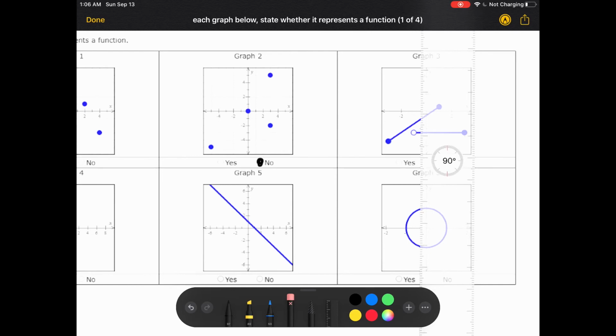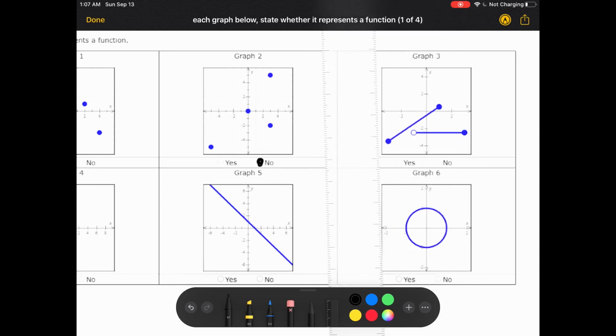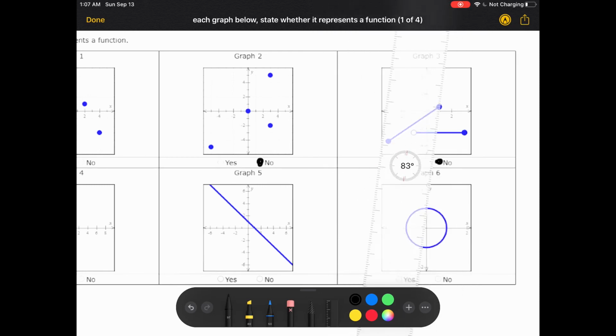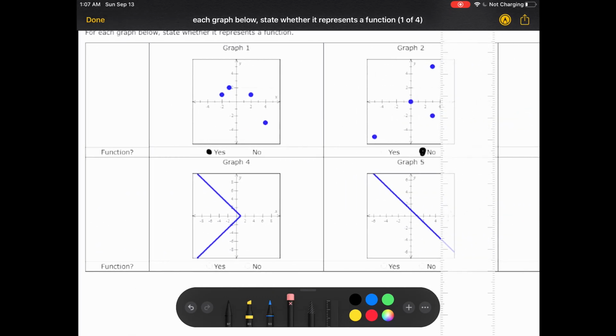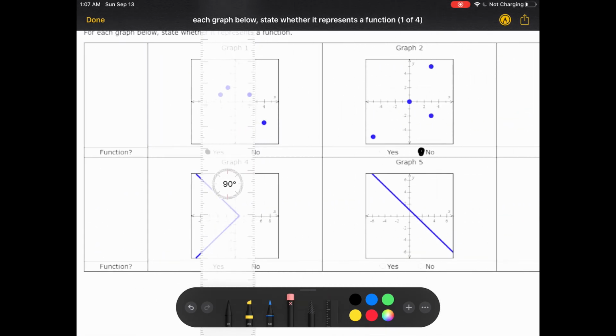The second I go over, I have two lines right there. So I know that is not a function. Also, any of these other points, it crosses two points. It's not a function.